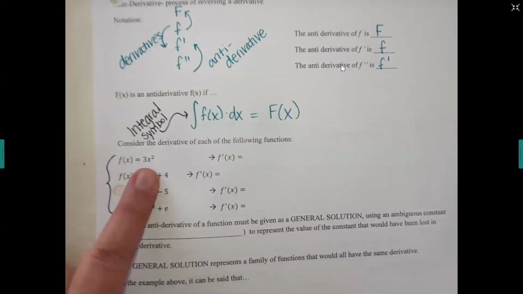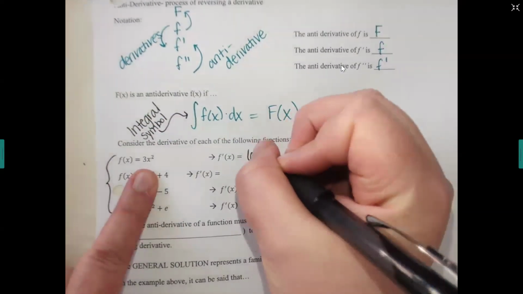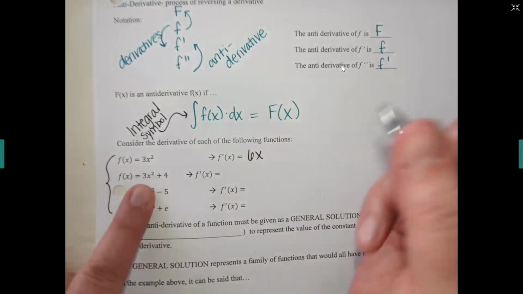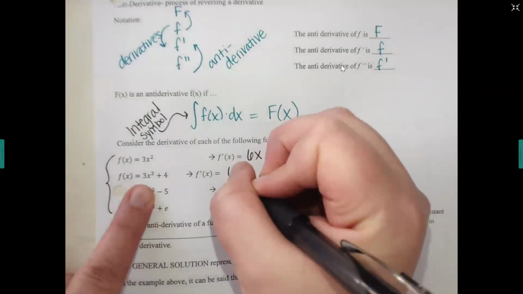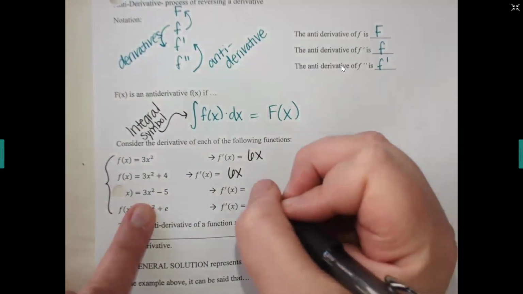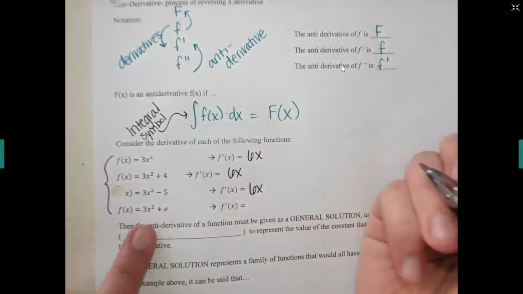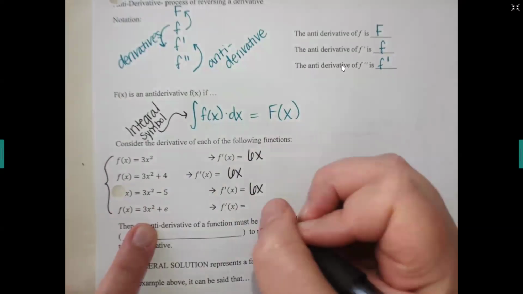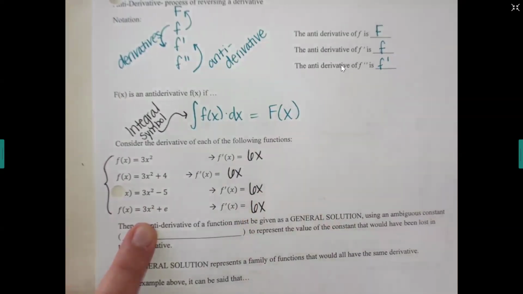What's the derivative? Okay, next one. 3x squared plus 4. What's the derivative? 6x. Okay, next one. 3x squared minus 5. What's the derivative? 6x. And then 3x squared plus, let's say, e. What's the derivative? 6x.